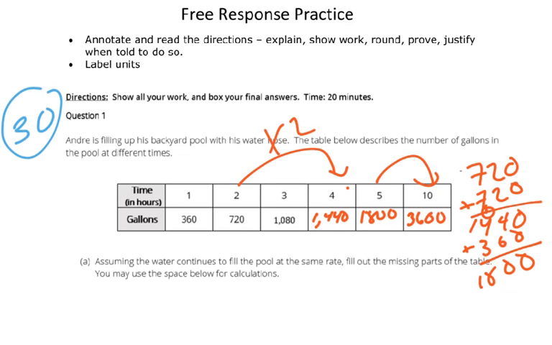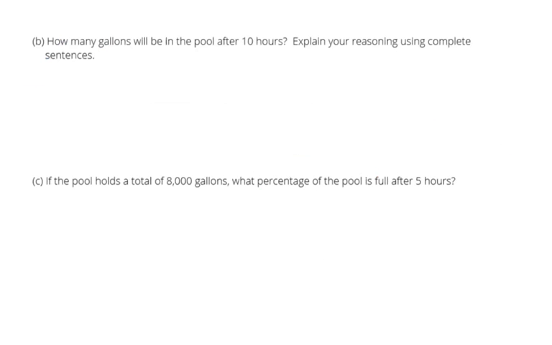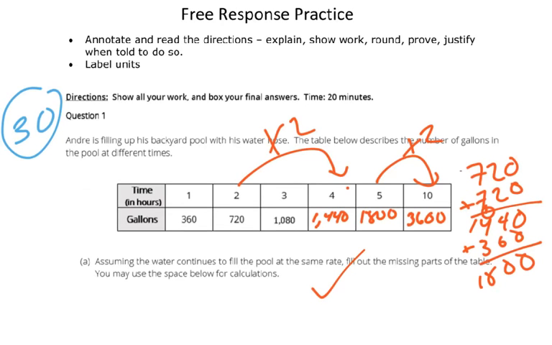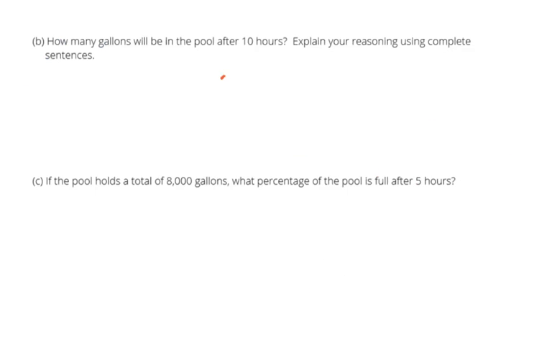All right, there's my ratio table. Assuming the water continues to fill the pool at the same rate, fill out the missing parts of the table. Oh, yay, I did that. How many gallons will there be after 10 hours? I already figured that one out.